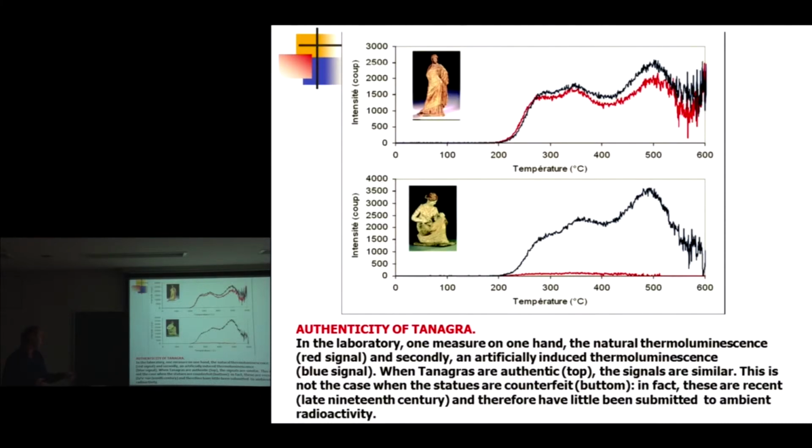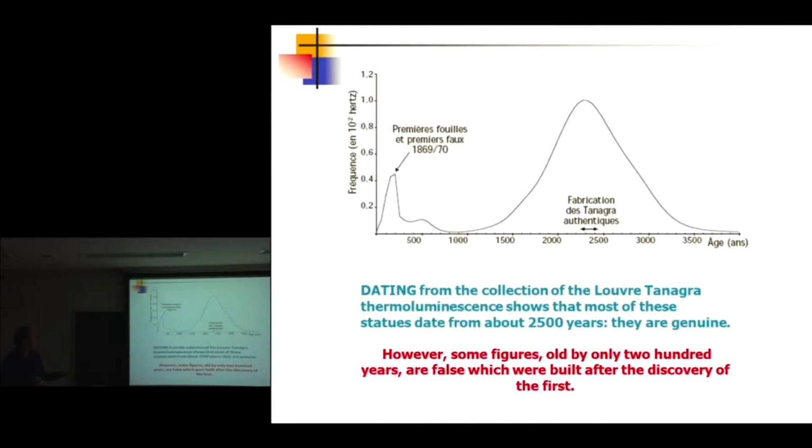So this one is from the late 19th century, and therefore has been a little bit submitted to the ambient radioactivity. So this is a Tanagra response by thermoluminescence, and this is a natural thermoluminescence here. So you can see this is the frequency of the fabrication of the Tanagra about 2,500 years ago.